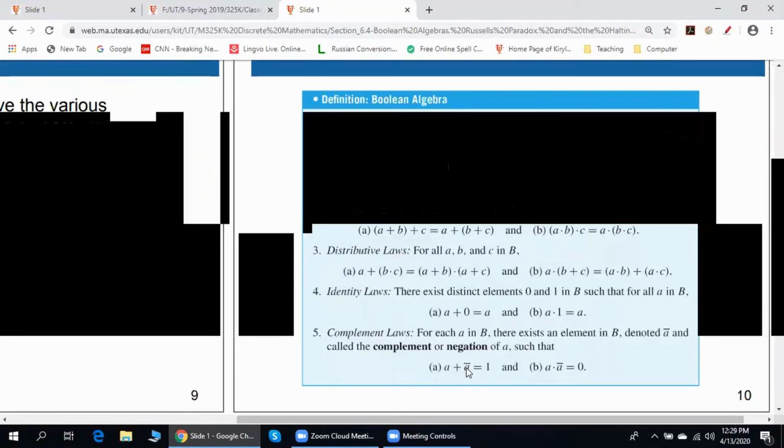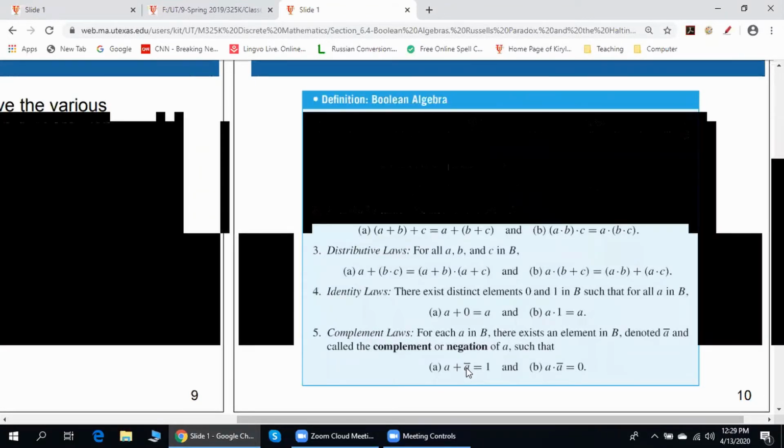Exactly. Talking about sets, A bar means complement. Talking about logic, A bar means what? Negation of A? Negation, absolutely. So going back to sets, 5A means what?